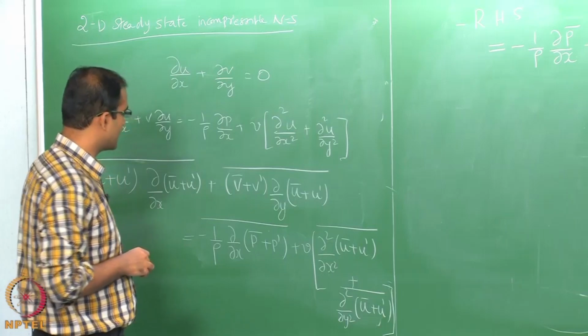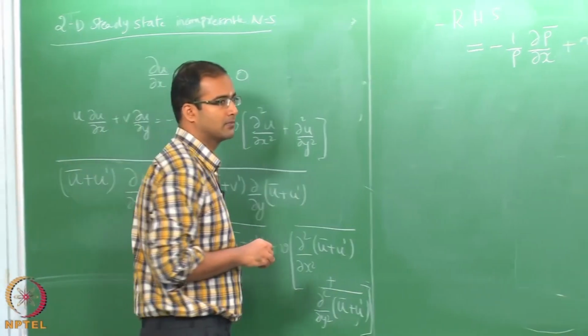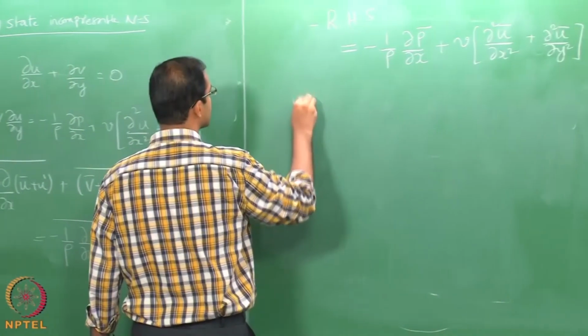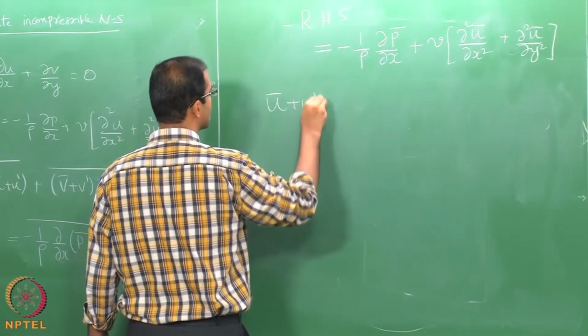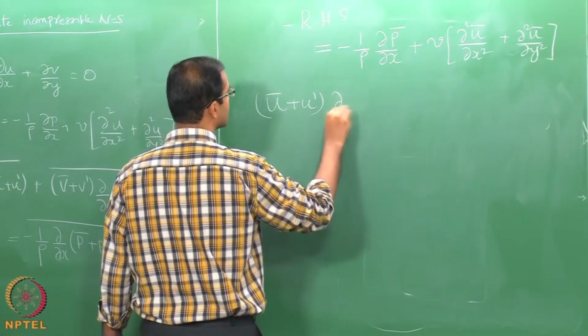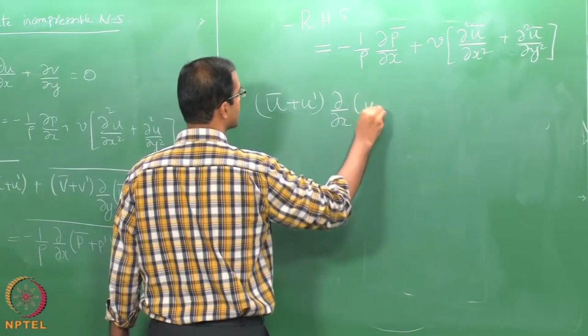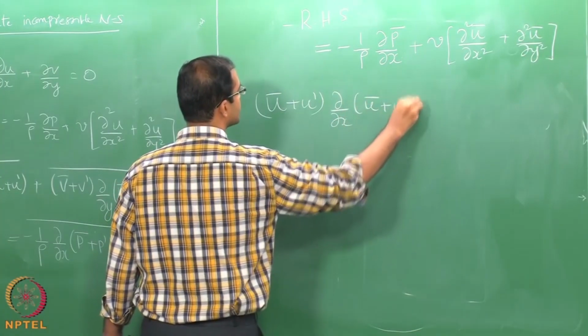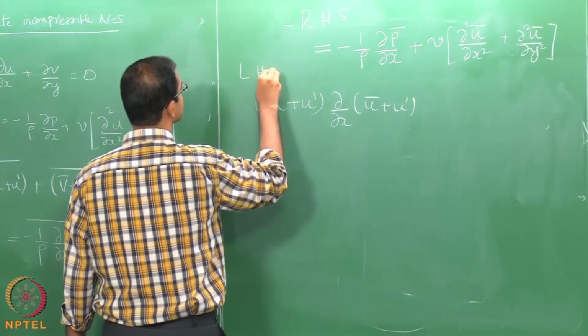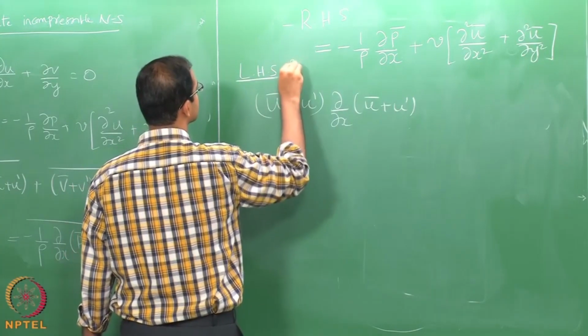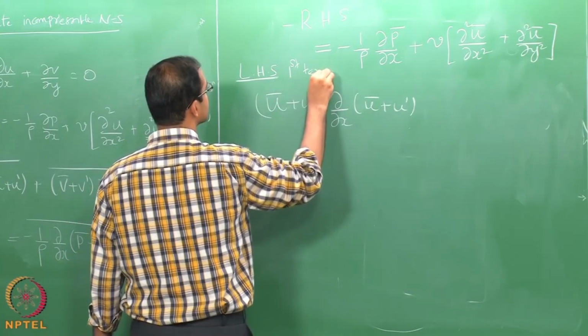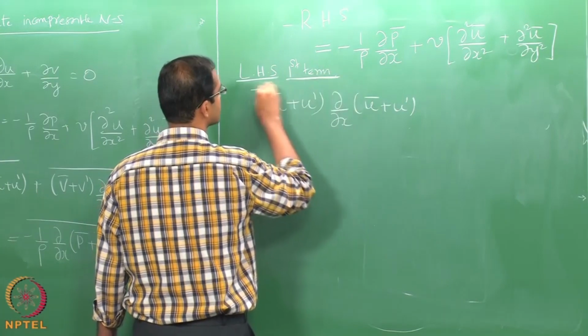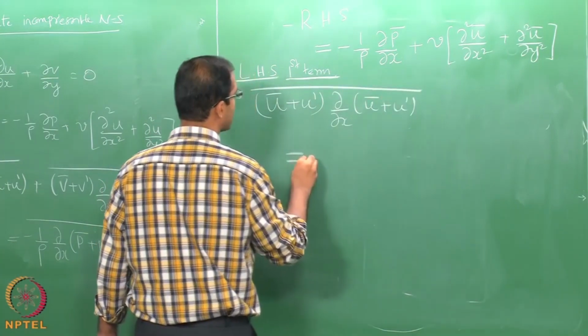So, let us look at the left hand side, first term. Okay. So, u bar plus u prime into d by dx of u bar plus u prime. How can we write this?